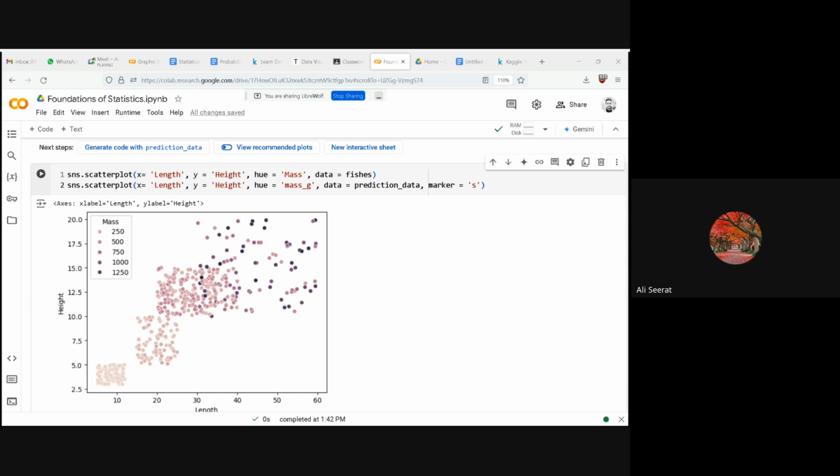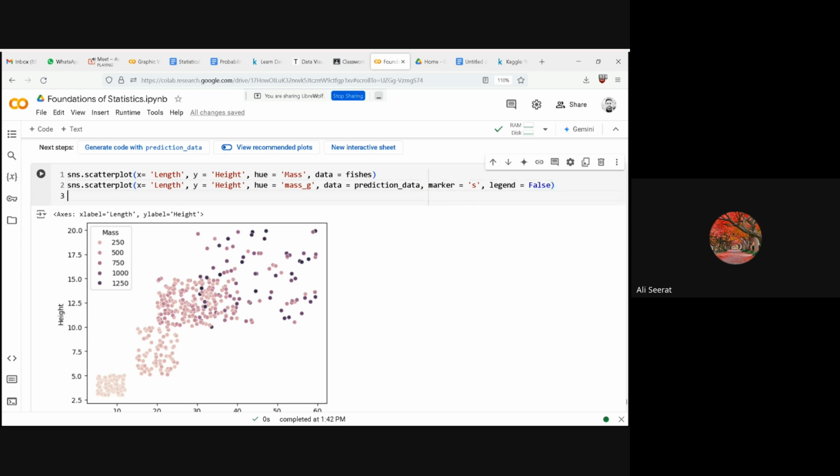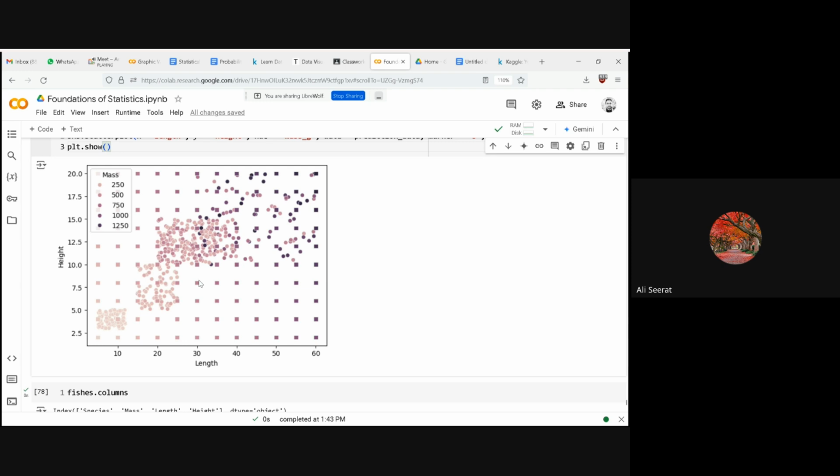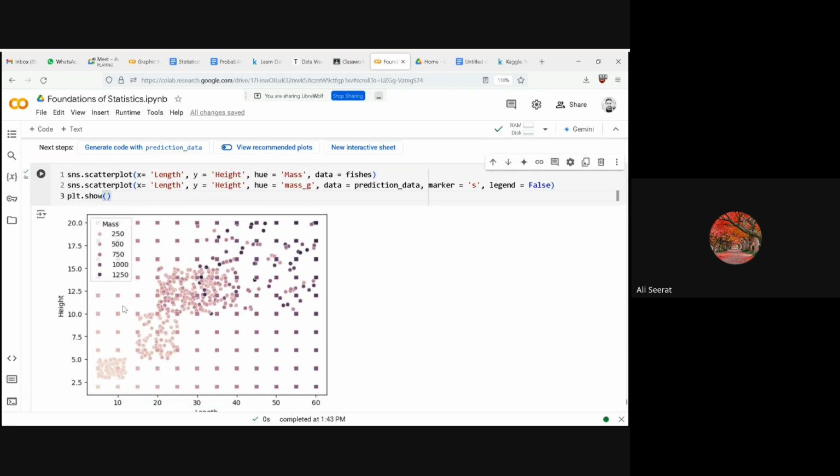Also make the legend false and plt.show, and have a look at this. This is now the combination of our prediction model and our actual data.